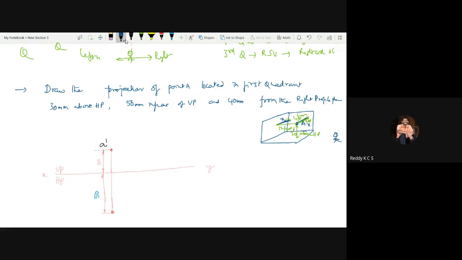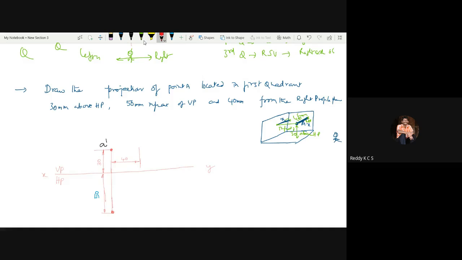That is how much distance from the right profile plane it is there. That is nothing but 40 mm is given. So from this A dash point, locate at a distance of 40 mm. Say this is the line which is located at a distance of 40 mm.